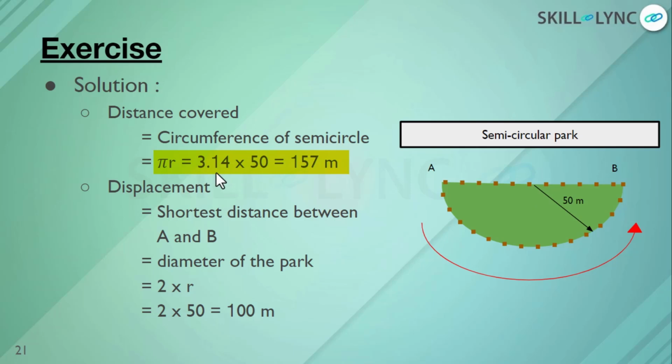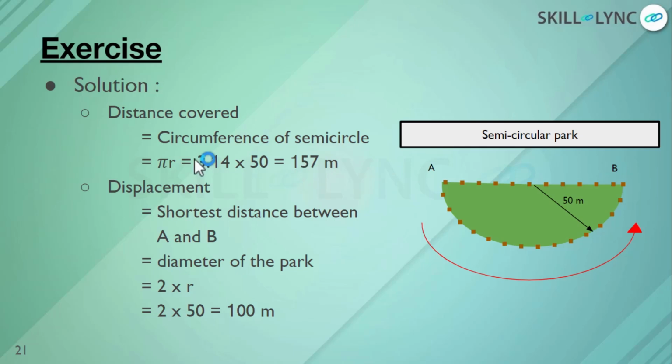On the product of pi r, that is 3.14 into 50, we get 157 meters. This is the circumference of the semicircle, and so the distance covered by the person while going from point A to point B would be 157 meters.